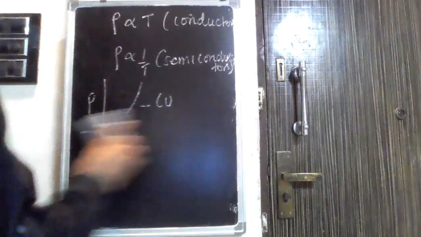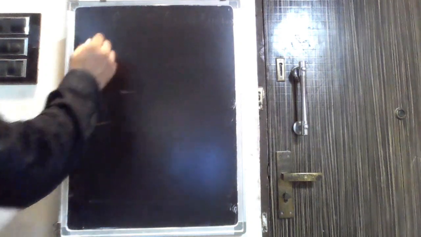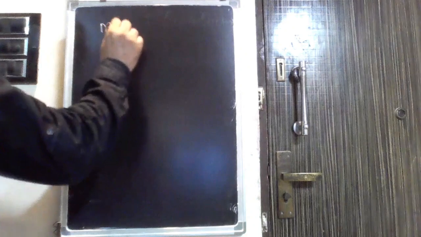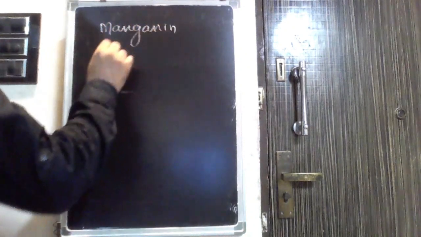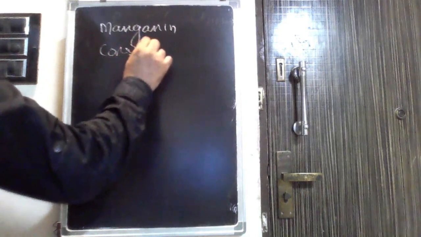And in between, there's a conductor, there's a semiconductor, and there are resistance wires called manganese, constantan, nichrome.